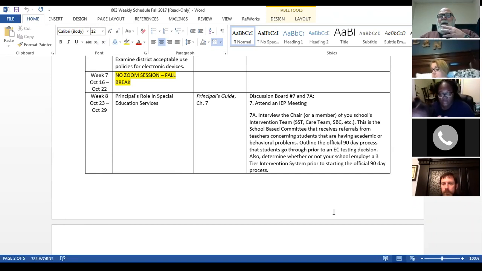to see the dynamic. A lot of folks don't understand the dynamic of that meeting: your EC teacher or your compliance technician or EC chair, whoever is there representing the EC department, is the facilitator of the meeting, but everybody has an equal say-so in that meeting, and that's what I need you to understand.